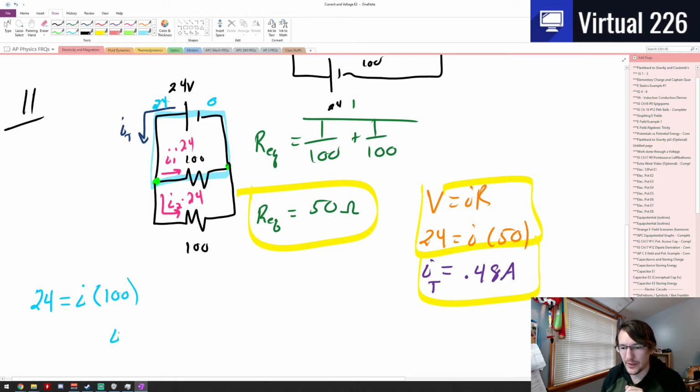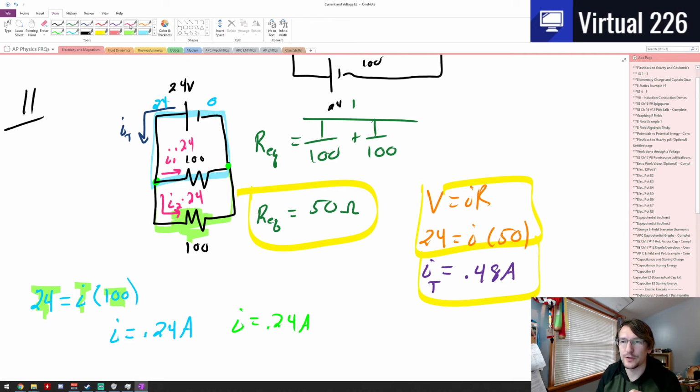Well, 24 divided by 100 gives us a current of 0.24 amps. If I do this for the other branch, same deal: 24 volts equals the current multiplied by 100, because that's the only resistor here. I'm also going to see that the current through the second branch is 0.24 amps.